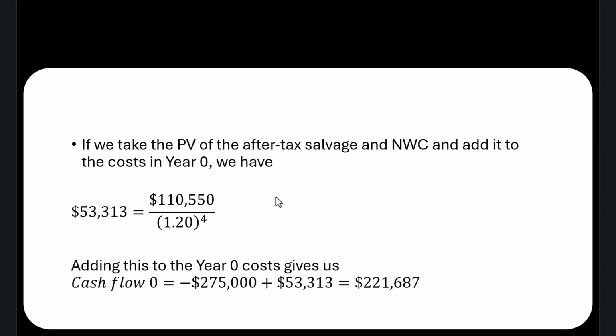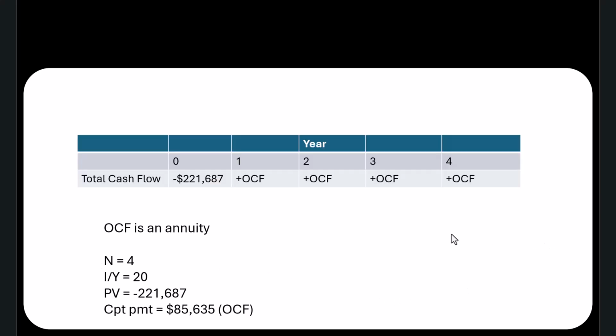We discount it back by the 20% for 4 periods. We get $53,313. The cost in year 0 is now minus $275,000 plus this present value, which is a cash inflow of $53,313. So it's $221,687.